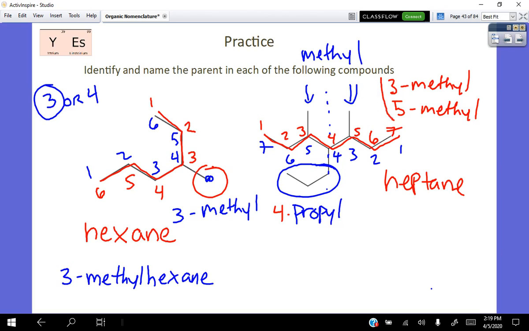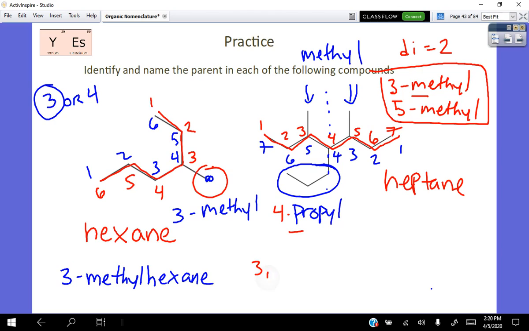Now remember, if you have the same substituent popping up twice, it's a lot to write out 3-methyl, 5-methyl. So we can use a prefix, in this case di means 2, to combine parts of our substituents when we name them. So let's do that. I know that M comes before P, so methyl will be before propyl.